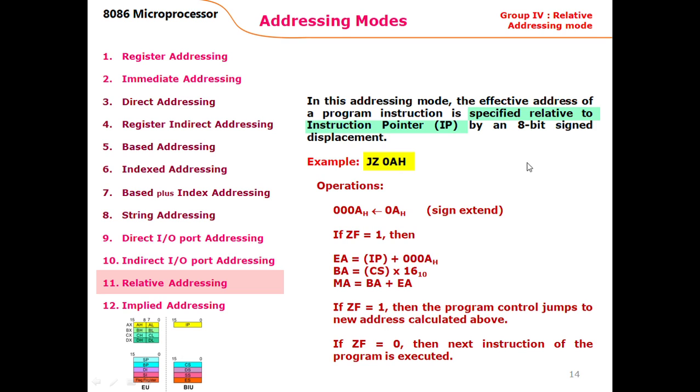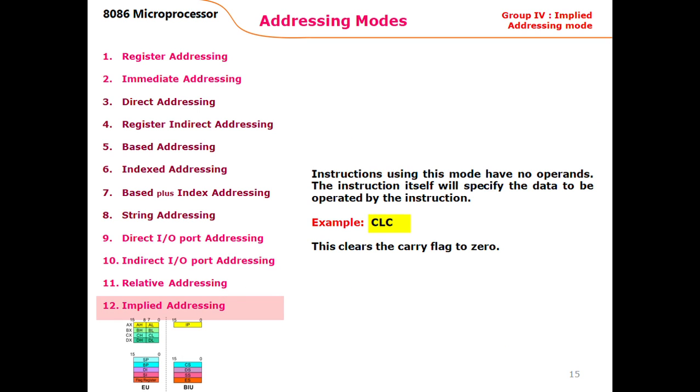Okay, so this is relative addressing, and there are a number of other jump instructions, and most of them involve this relative addressing. And finally, we have the implied addressing mode. In this addressing mode, the address is implicitly provided through the hardware of the microprocessor.